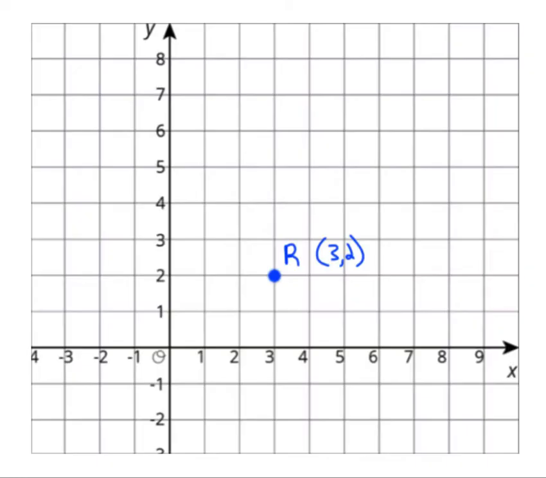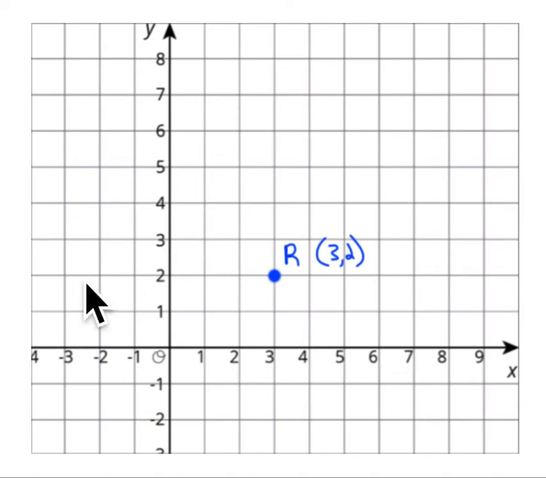Okay, another part of activity 5.2 is reflecting the point R over the y-axis. So now the y-axis is the line of reflection. If that's the line of reflection, that means the values of y are going to remain the same. You're going to travel up the y-axis the same amount, in this case 2 units, but now instead of going right in a positive direction to R, you're going to go left in a negative direction to R prime.